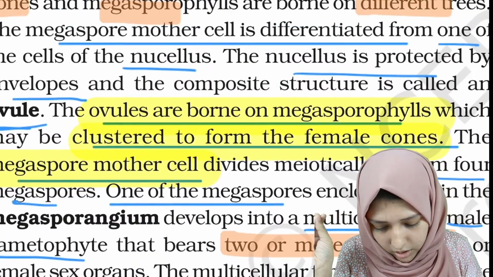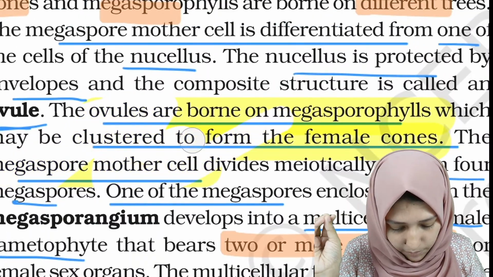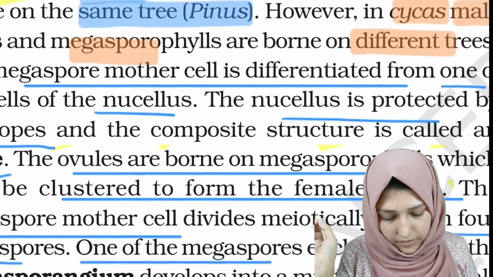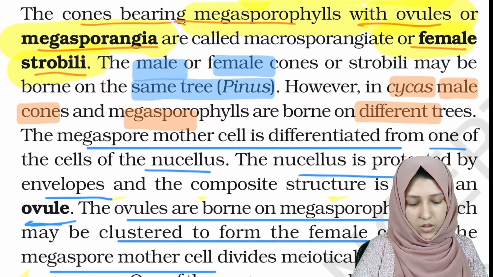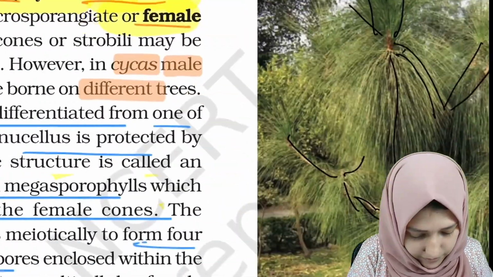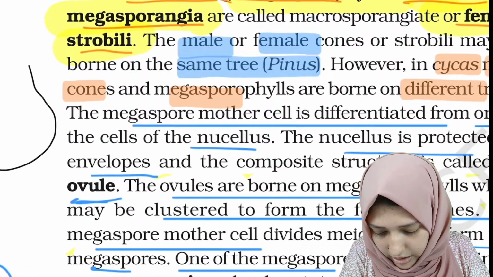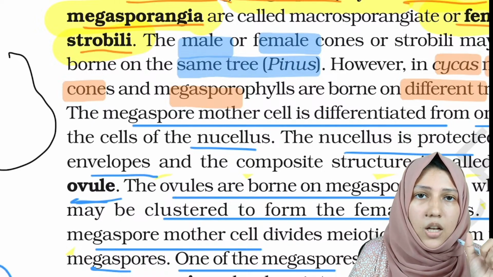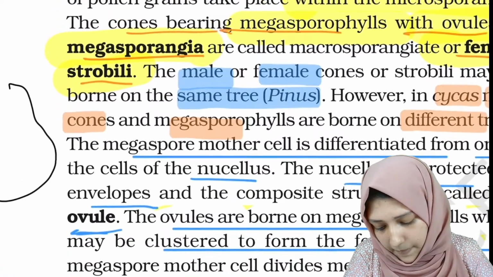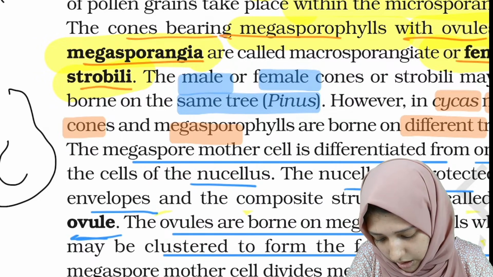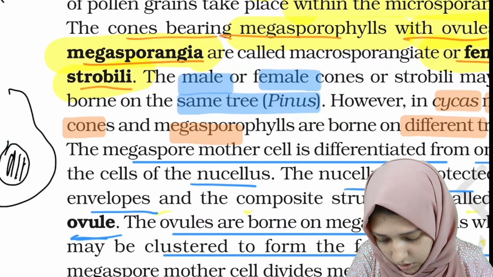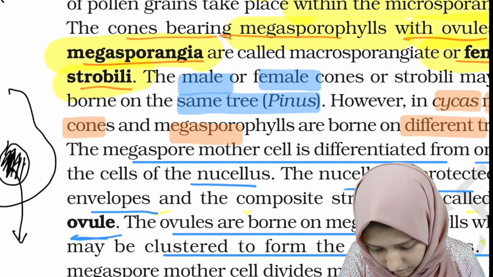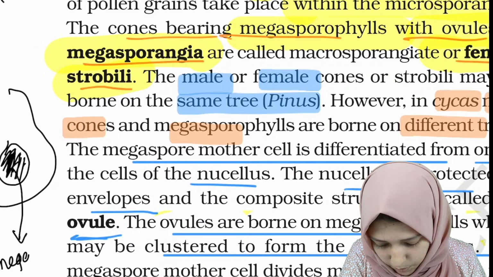And the megaspore mother cells. Before that, going back into the topic, there is a structure known as nucellus. This is a structure of the female gametophyte, the female megasporophyte. There is a structure inside known as nucellus, and from this nucellus develops a megaspore mother cell.